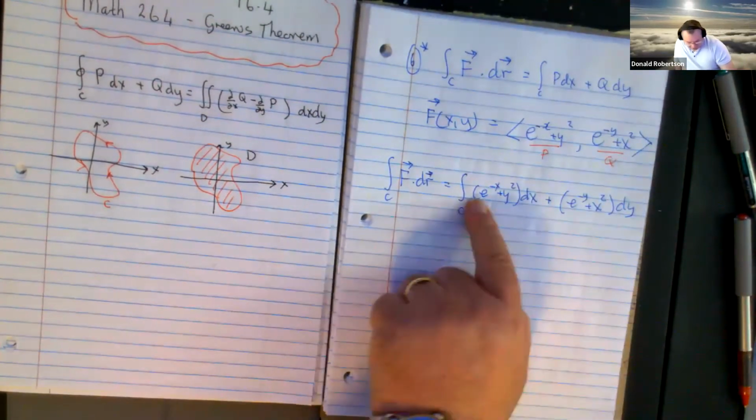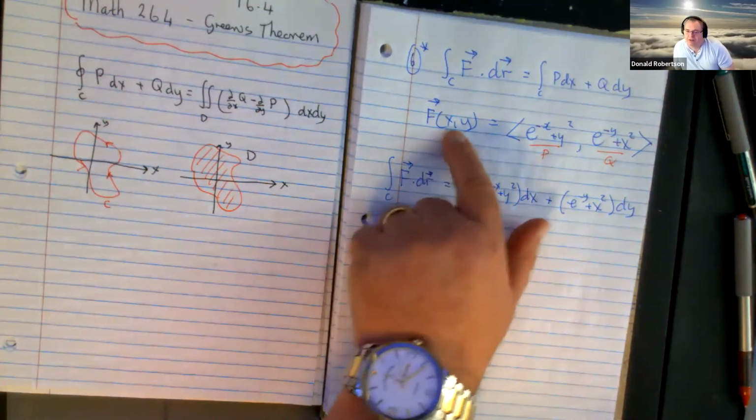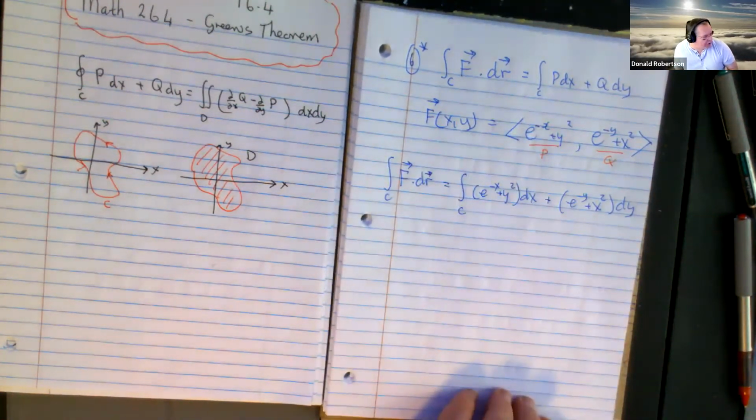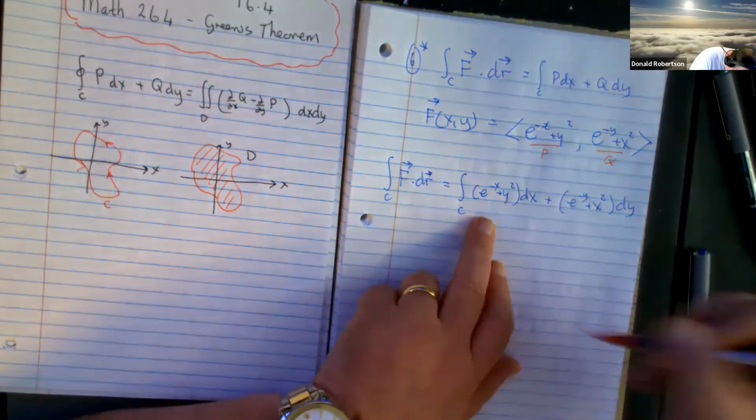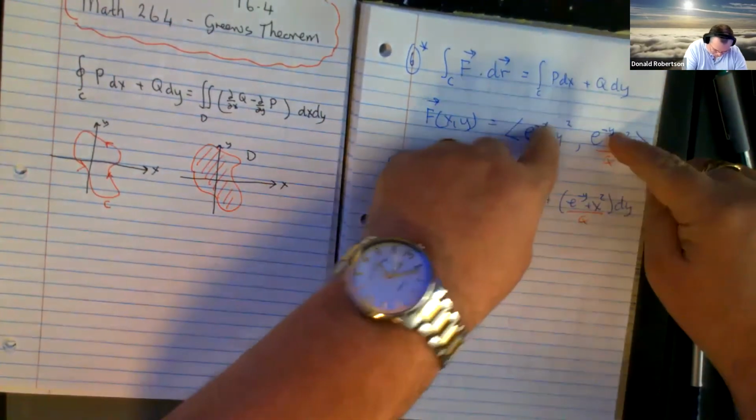In other words, I'm writing it in a format that's going to make Green's theorem doable. If I just leave it like this, it's not really that helpful. So far, so good. Essentially, there's my P and there's my Q, so those two go there.